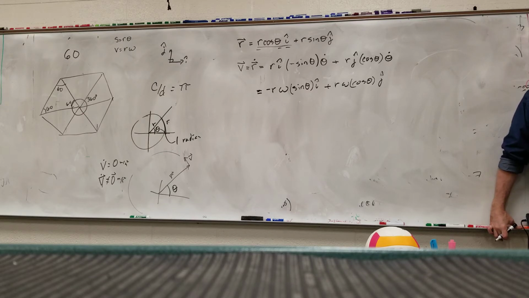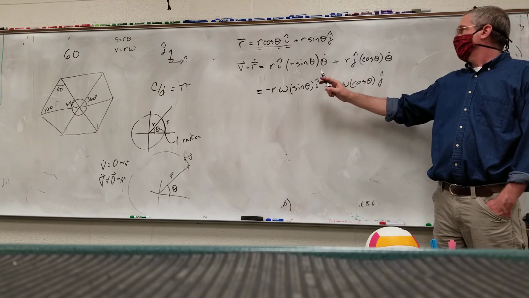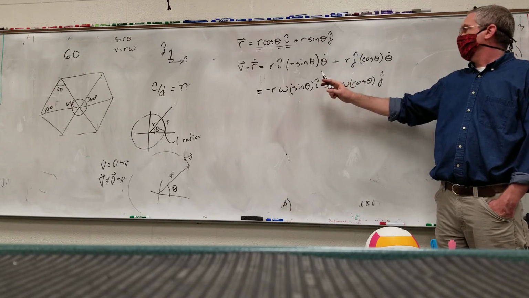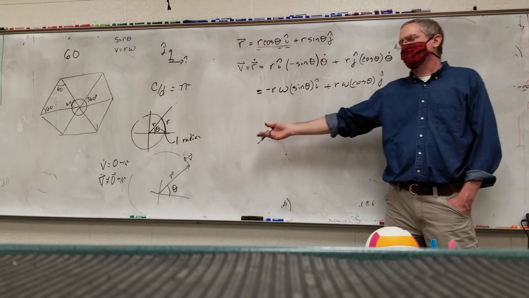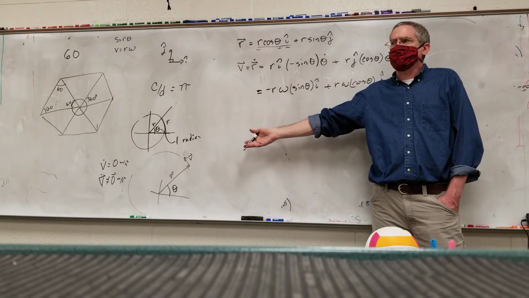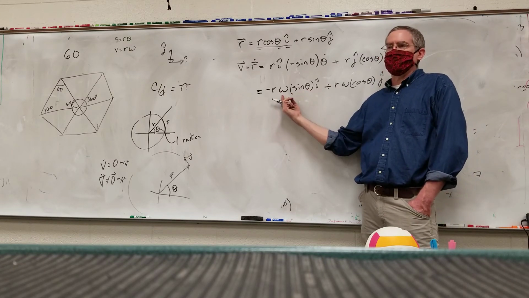Let's see if this makes some sense at least. For my velocity, let's assume theta is a first quadrant angle. The sine is a positive number, r is a positive number, omega is a positive number, it's a speed.